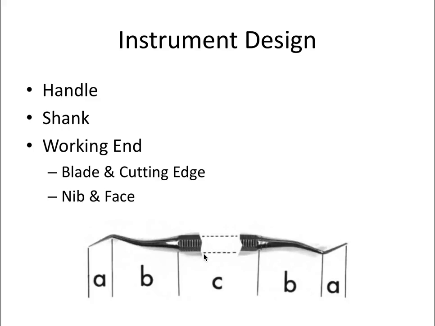And because this diagram is showing a cutting instrument, the whole A section would be the blade of the working end, and the actual sharp functional cutting part would be the cutting edge of that blade.